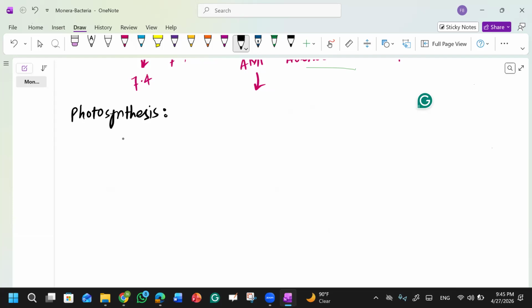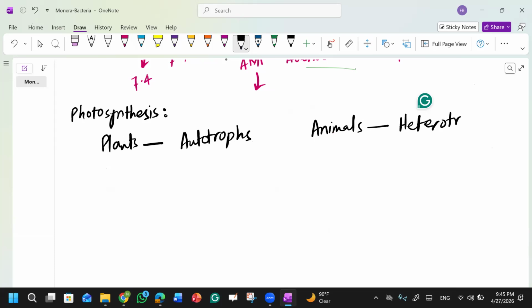You know the terminology autotrophs and heterotrophs. Auto means they can generate their own food. While animals like human beings, all the animals are heterotrophs. They cannot make their own food. They need to rely on different things.